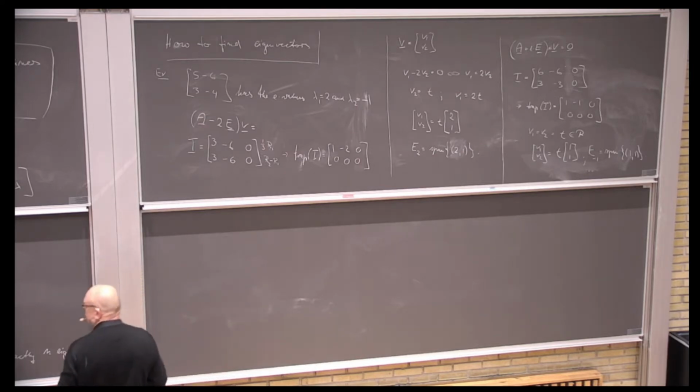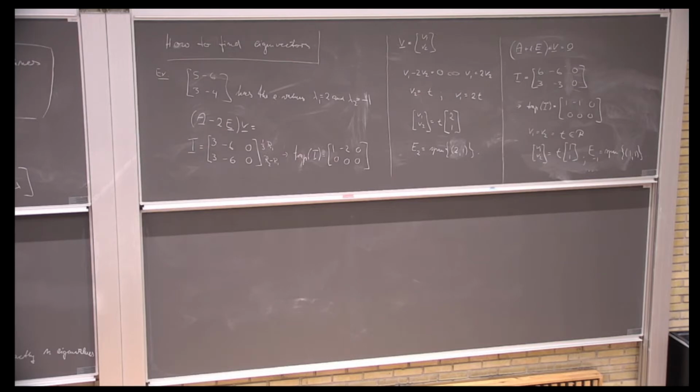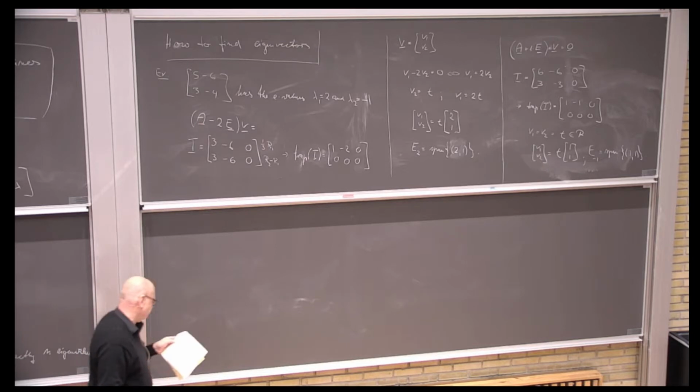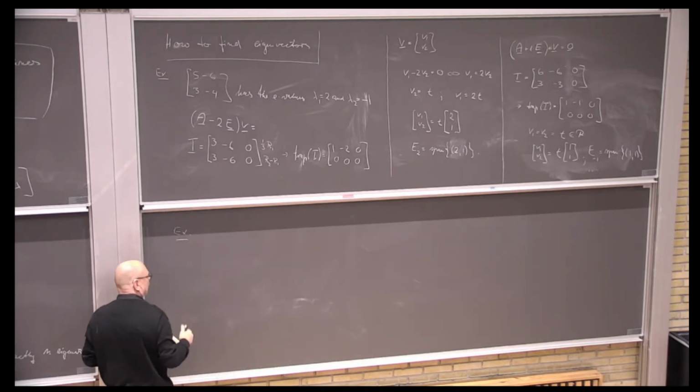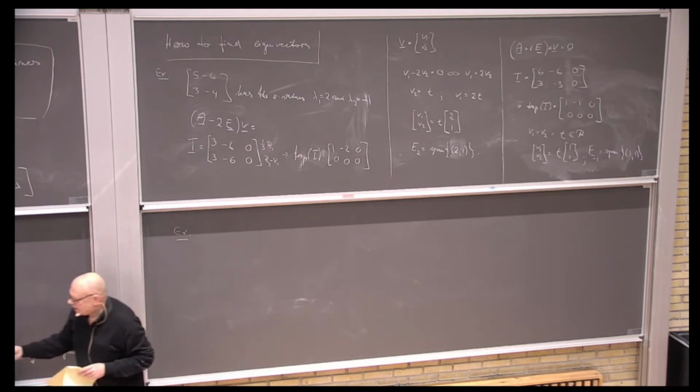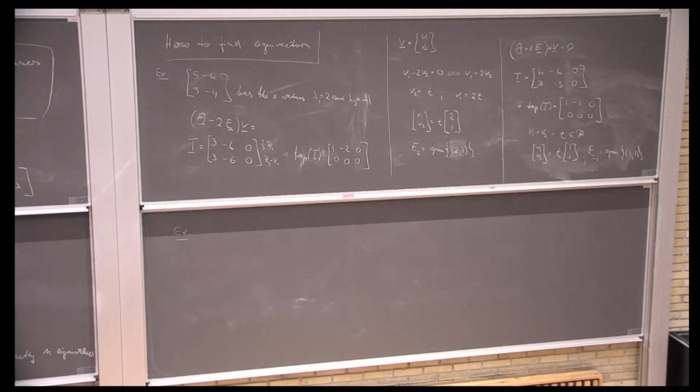I take the other example here, and I want to find the eigenvectors corresponding to the eigenvalues down here. And remember, even though it is a 3x3 system, I only have 2 eigenvalues.